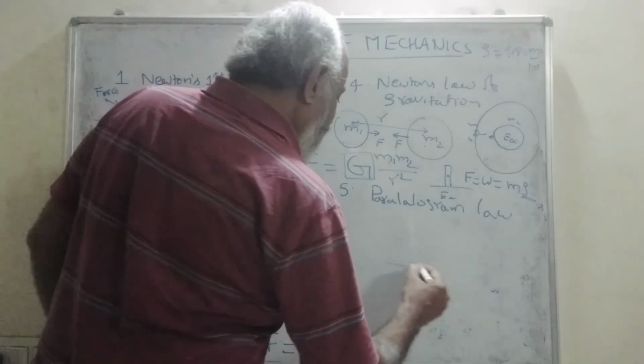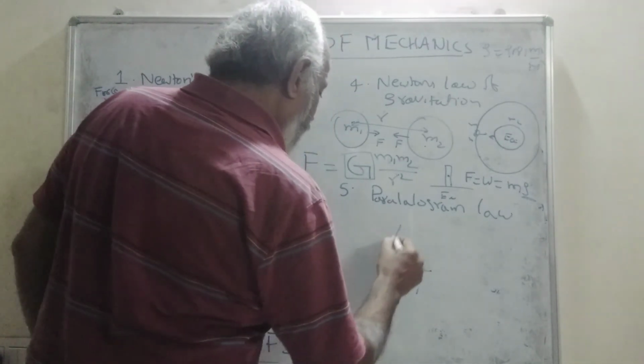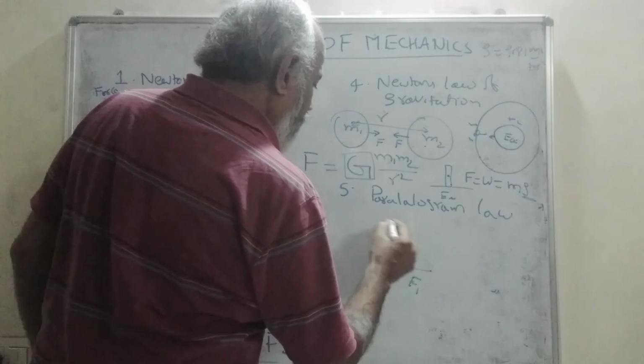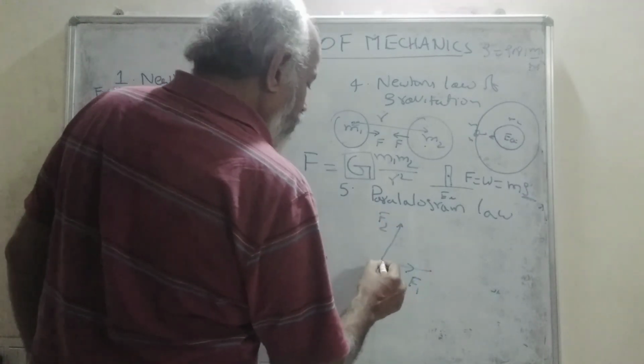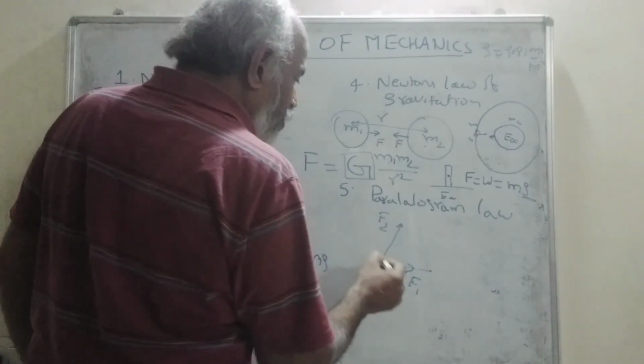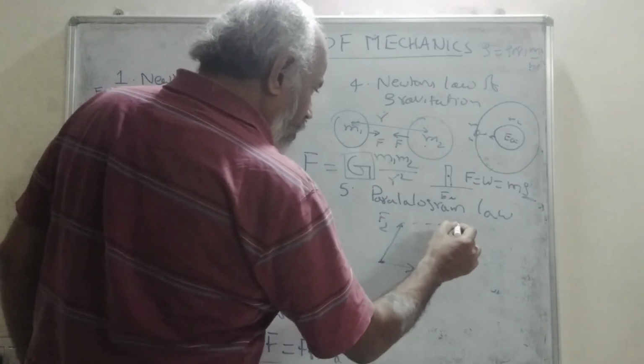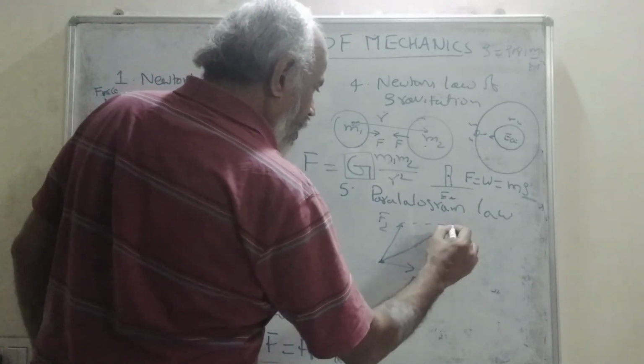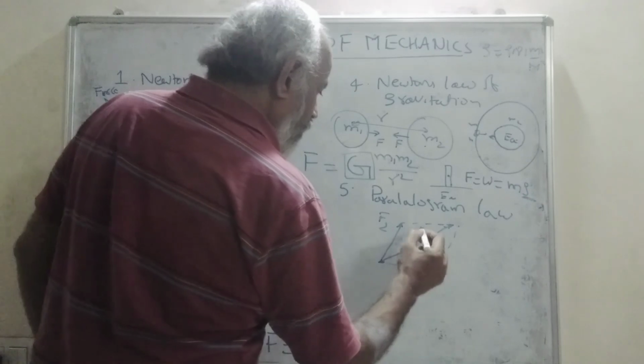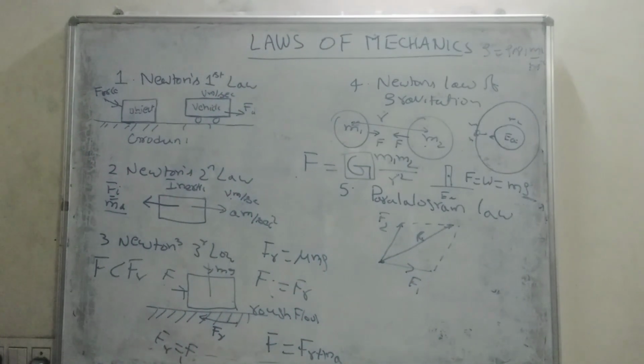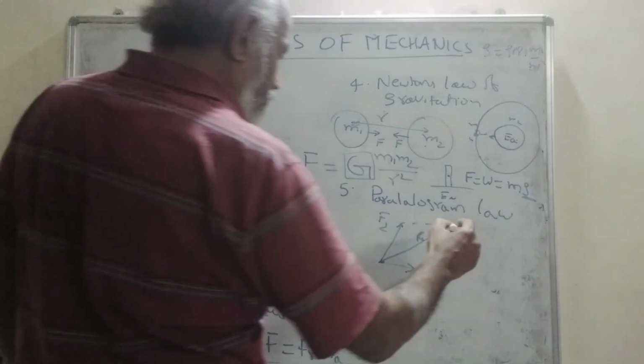For example, if there is a force F1 acting at a point, and a force F2 acting at the point, the resultant of these two forces will be a single force R. So what is the value of R? That is the question.